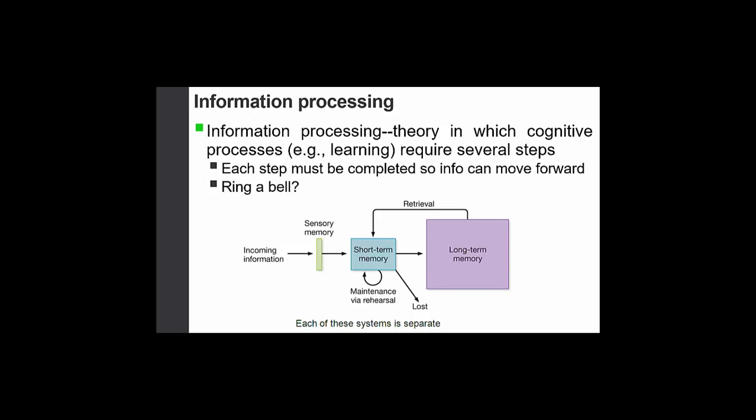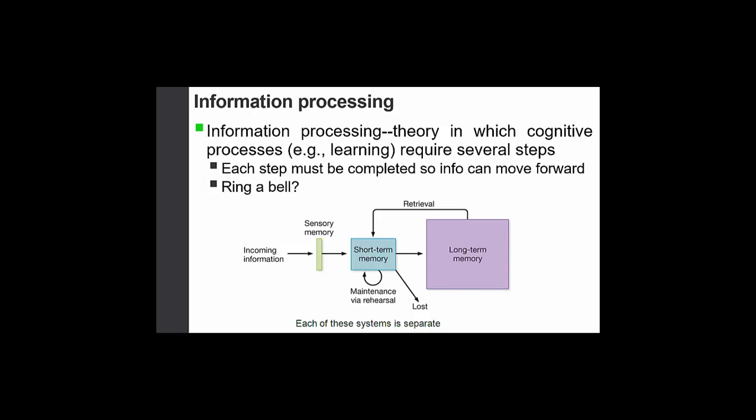The other thing that can happen is that if we keep rehearsing it over and over again, it may eventually get placed into what we're going to refer to as long-term memory. And so this is a phone number that you have in long-term memory, and whenever you need it, assuming that it's not lost in long-term memory, you can retrieve it in order to make that phone call. So maybe if you remember your childhood landline phone number, it's tucked away in your long-term memory.